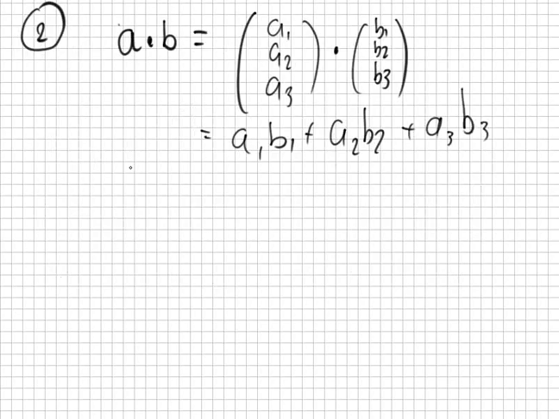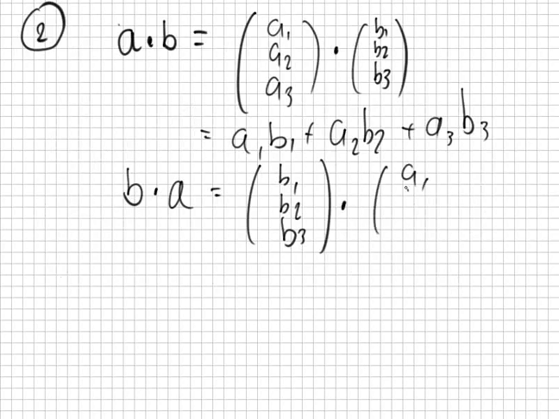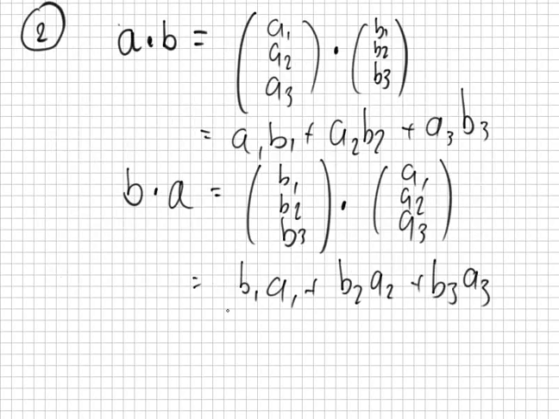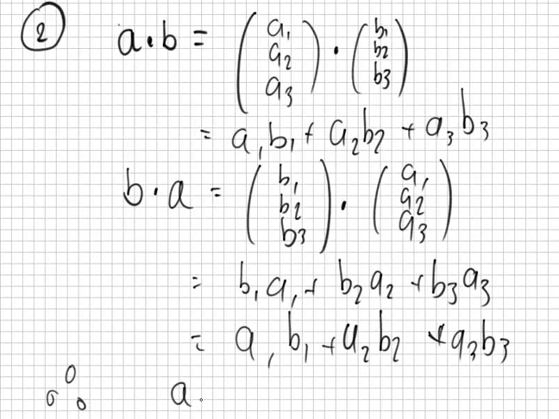But if I wrote it backwards, B dot A, that would be B1, B2, B3 dot A1, A2, A3, which would equal B1 A1 plus B2 A2 plus B3 A3, which is the same thing actually, A1 B1 plus A2 B2 plus A3 B3. So therefore, A dot B equals B dot A.